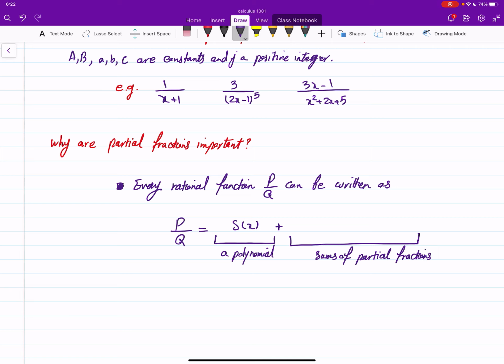Okay, so we may have 2 terms, 10 terms, only 1 term. So we can write every given rational function as sums of two things. One, a polynomial, and the other one, sums of partial fractions. This other side, we call it partial fraction decomposition.